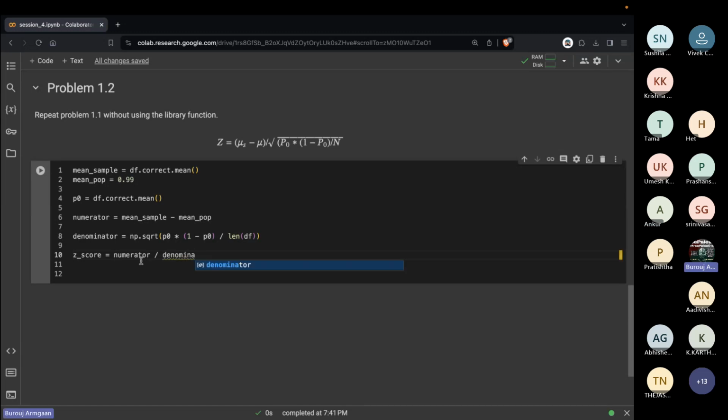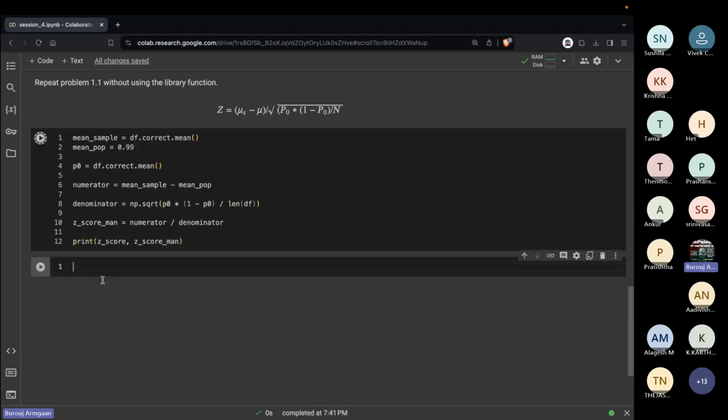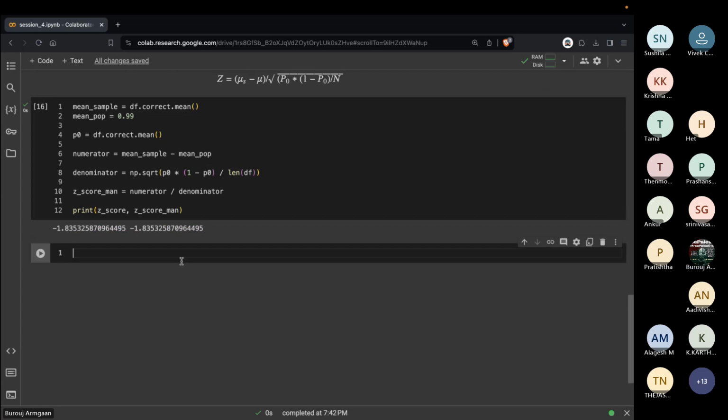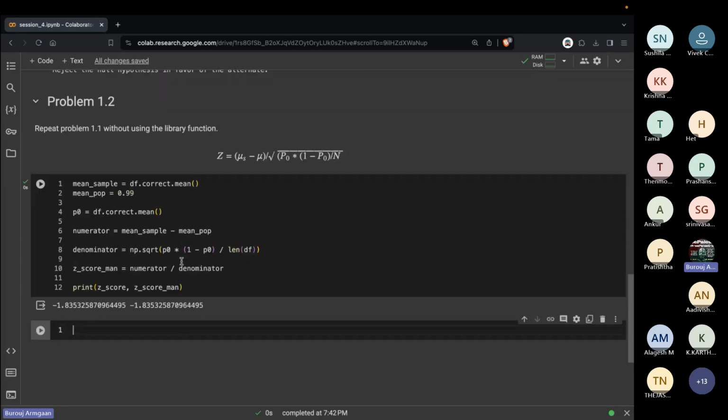It should return the same value, right? Okay. Let's write z_score_manual so that we don't erase our previous one. So we have z score and z score manual. Same values, okay? Any confusion?